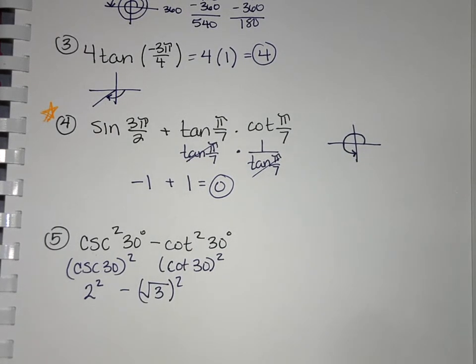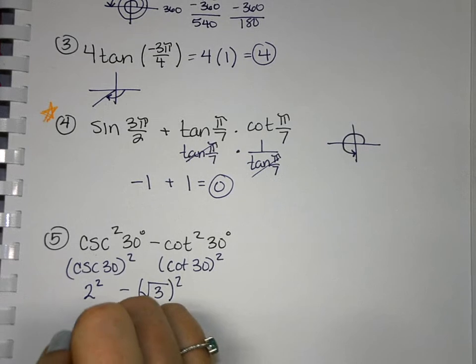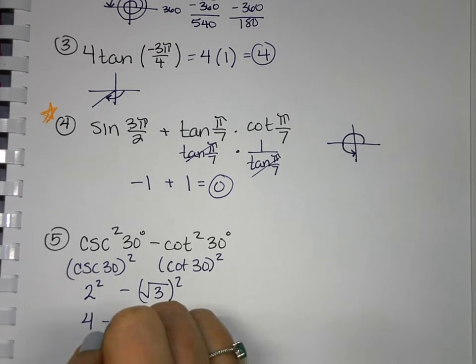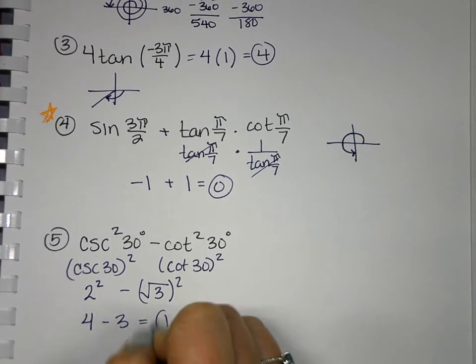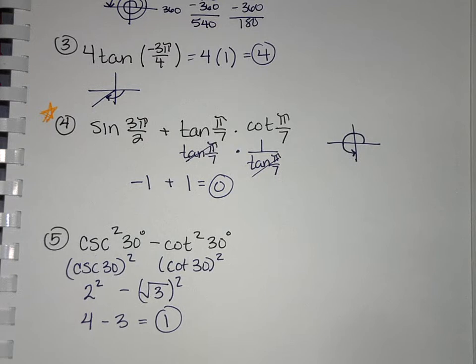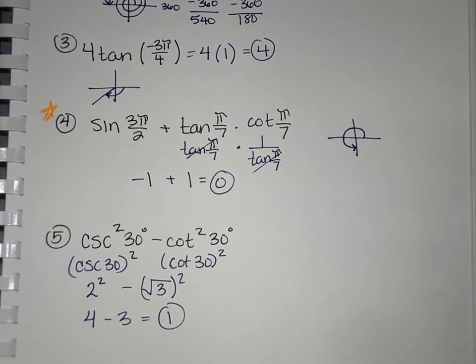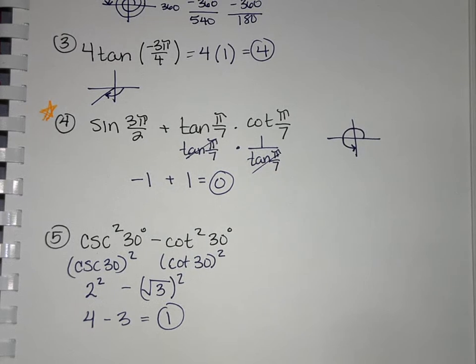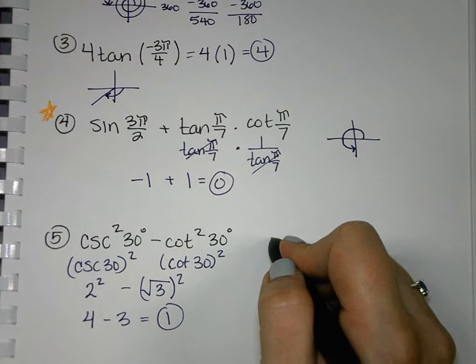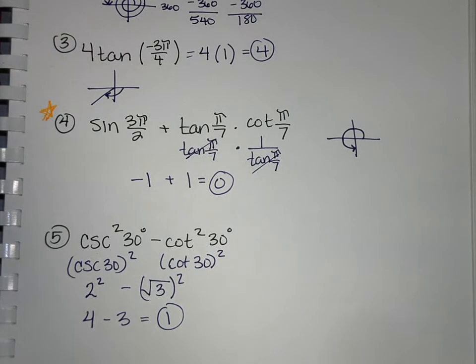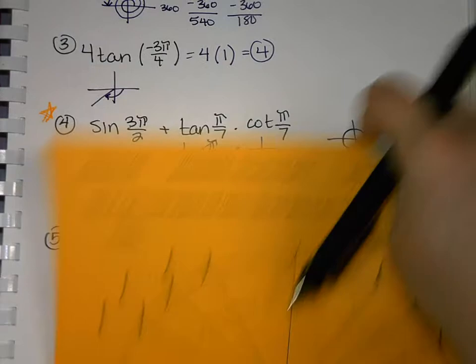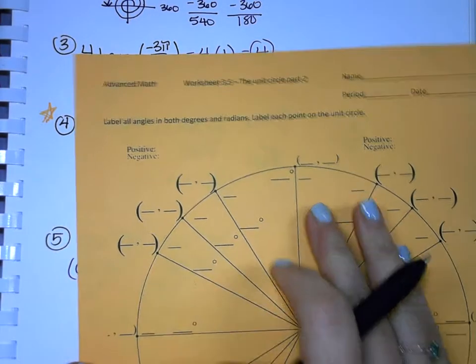So when I look at what I have, I'll square each term and then subtract to get an answer of 1. So one thing, if you haven't done it, that I would suggest doing on your unit circle is outside the parentheses. So on your unit circle you have your parentheses like this.